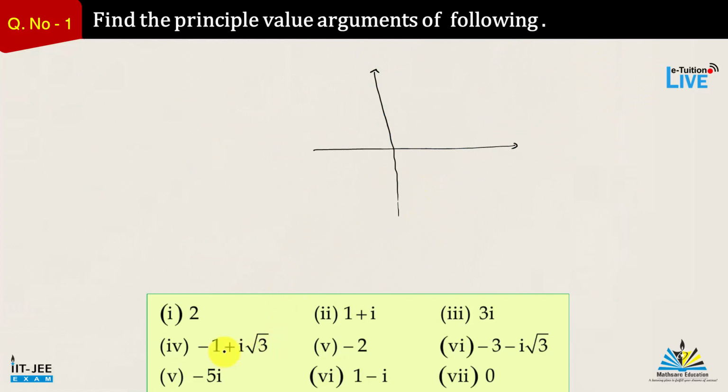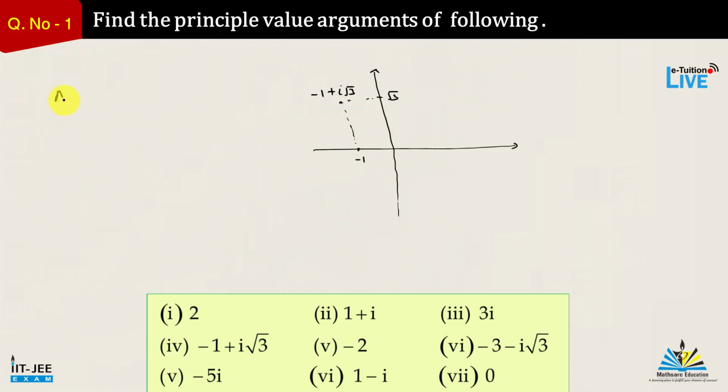Let's say another complex number is minus 1 plus iota root 3. So this is, let's say, minus 1 and this is root 3. So this complex number, minus 1 plus iota root 3, lies in the second quadrant.